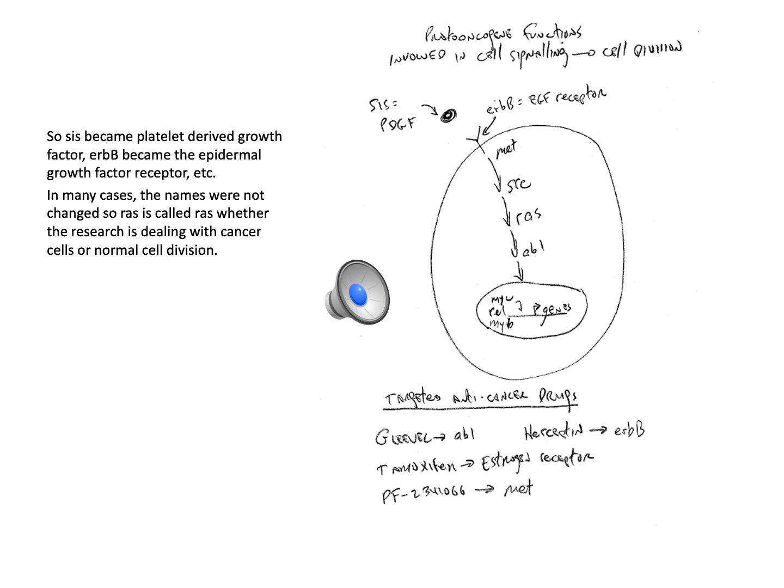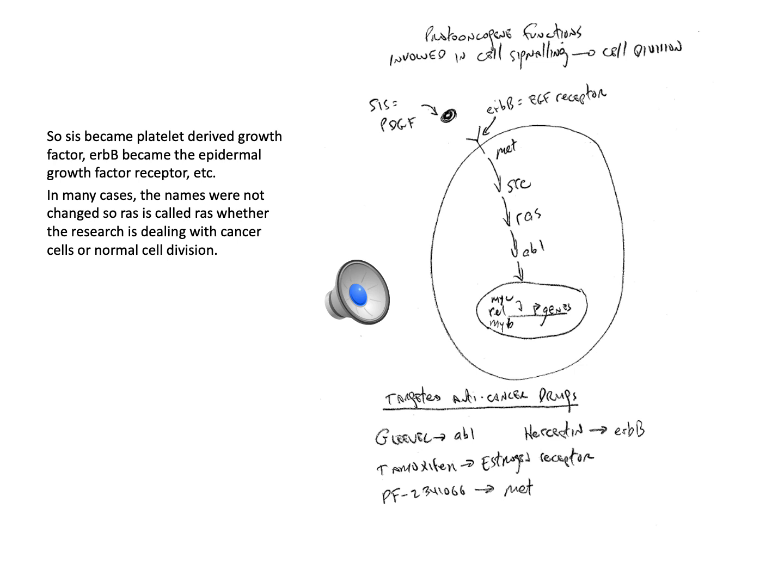So if you have a mutation in RAS, can there be a specific compound that would interact with that protein? And that's what was done with Gleevec. The first one that was identified, it interacts specifically with that BCR-ABL fusion protein.